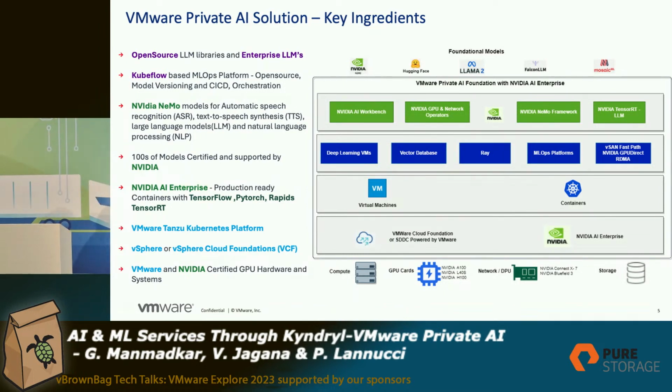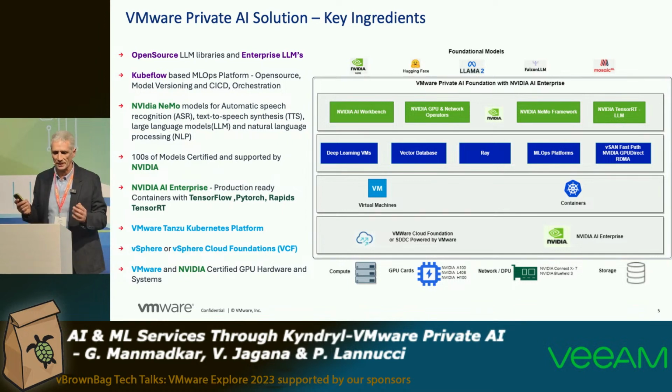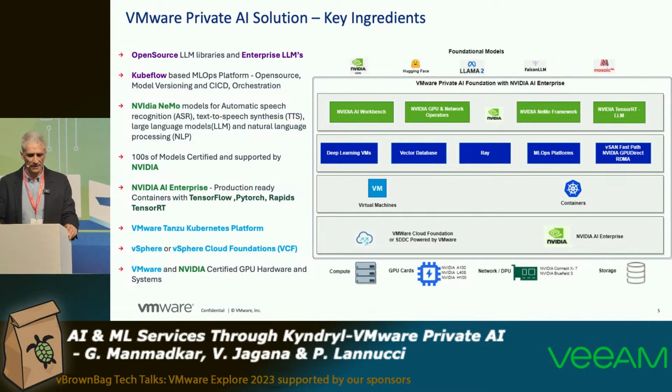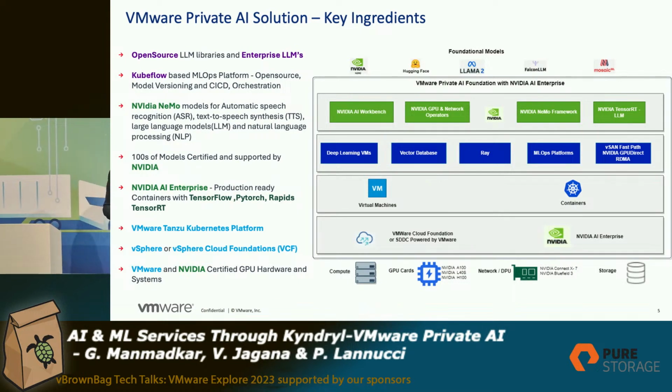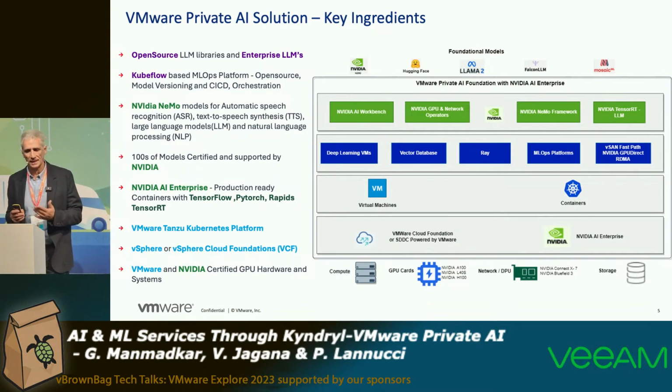On top of that, we have the virtualization layer with VMware, which can be based on either vSphere or VCF. It doesn't make so much difference. Then, once we have our virtualization layer, we can use either virtual machines or containers. We will see that containers are a critical part of the solution because they allow the scalability of the solution.